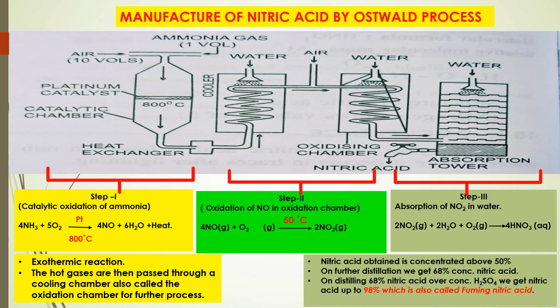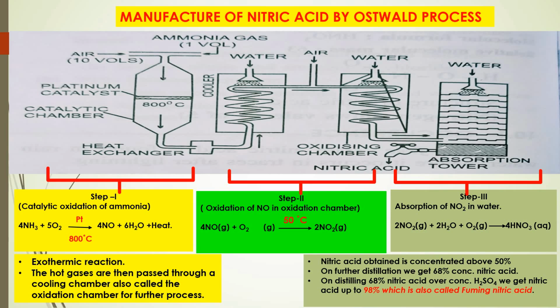I'll again revise it. The reactants used in this method are ammonia and oxygen, which is air, in the ratio 1:10 by volume. The catalyst used in step 1 is platinum, and the temperature maintained is around 800 degrees Celsius. It is a highly exothermic reaction, so the heat produced will continue the further reaction.